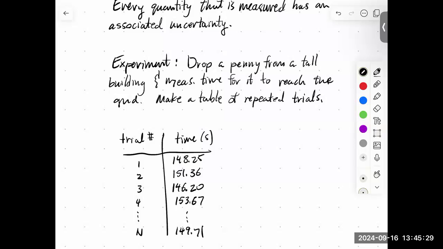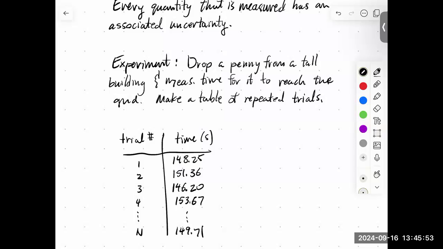Oh, it's the same? Okay. So there's also a drag force, and that drag force will be different if the penny drops vertically, so its plane is in the vertical plane, or if it's falling flat, or if it's tumbling. And so how the coin tumbles as it falls might vary the drag.